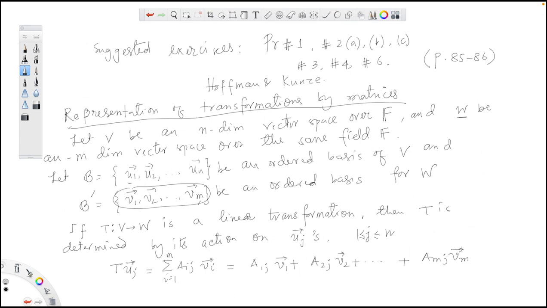Here j runs from 1 to n, so there will be n such linear expressions, right? The first one is Tu1, then we'll have Tu2, and then all the way down to Tun.